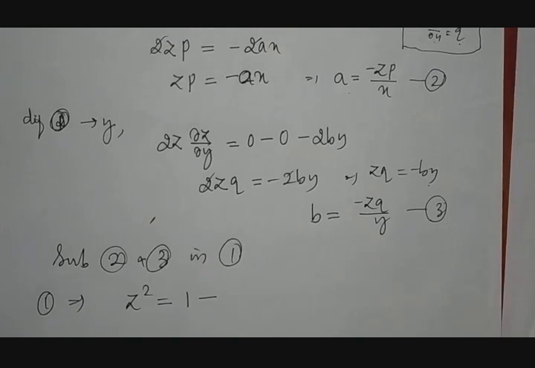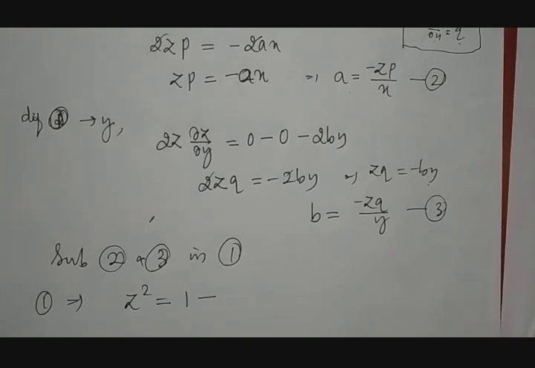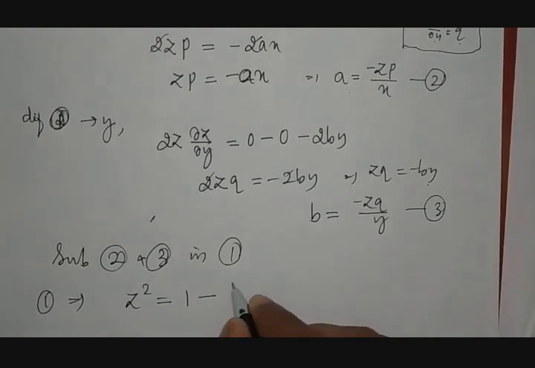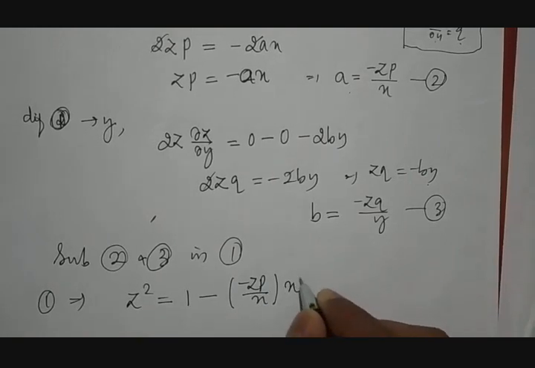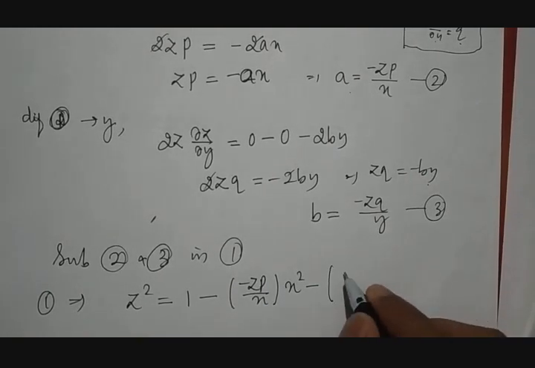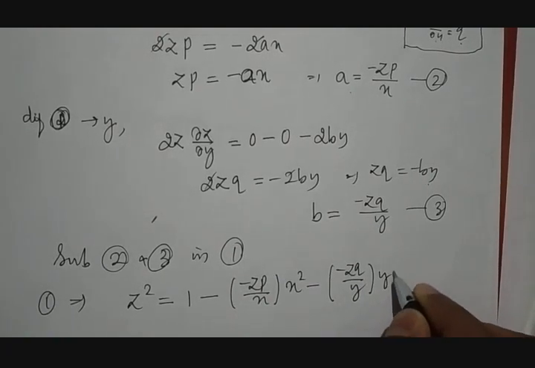So we substitute equation number 2 and 3 as the counterparts of the arbitrary constants a and b. Then it becomes the value of a, that is minus zp by x, into x square, minus the value of b, that is minus zq by y, into y square.